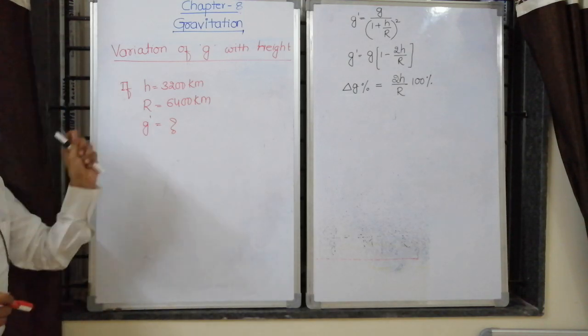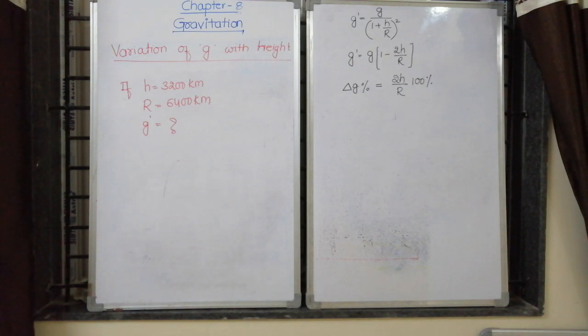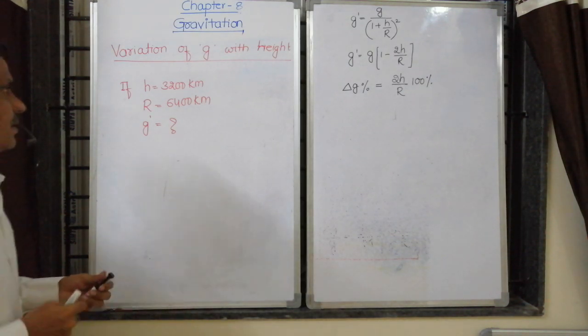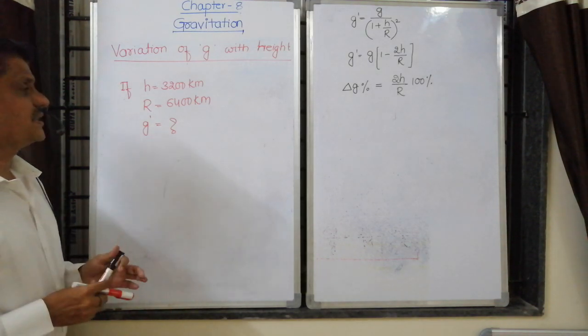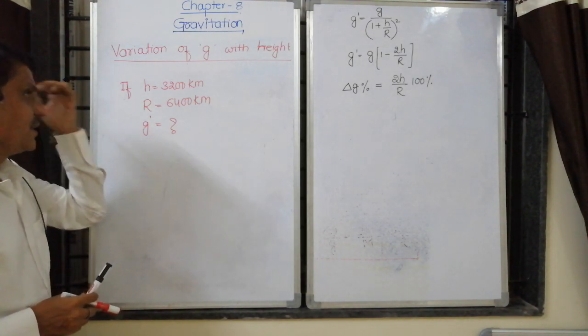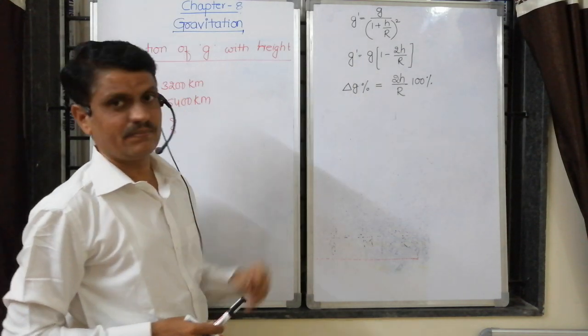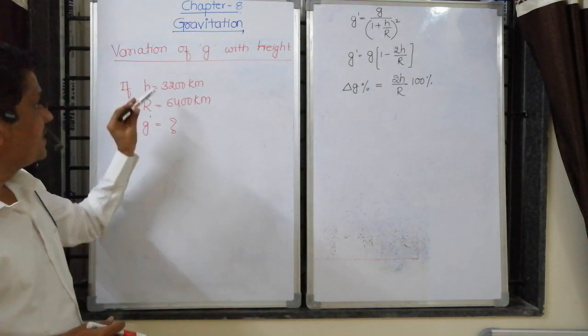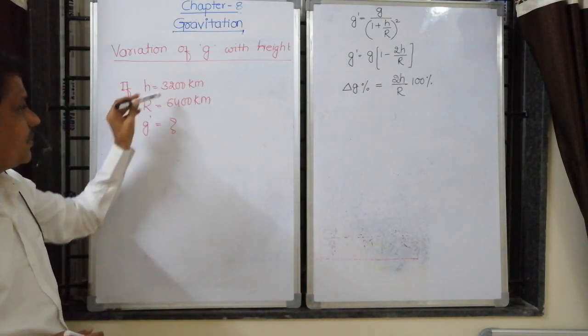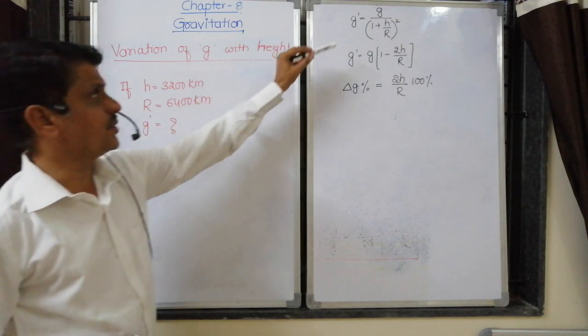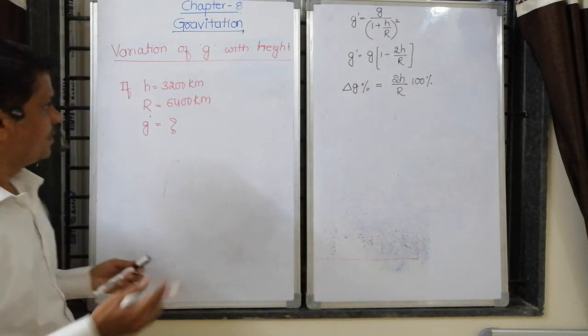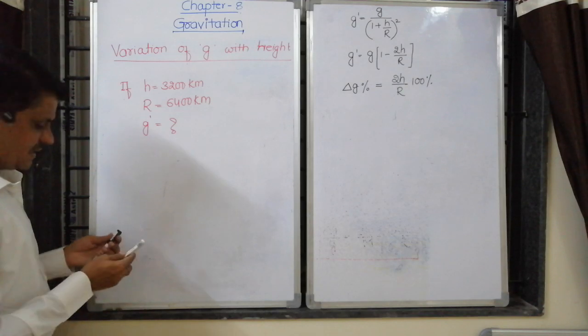Okay, so try for a minute. First of all we have to decide which formula to be used, whether I should use this or this. As you know, since h is comparable to r, therefore you can use this formula. Hope you can calculate easily.